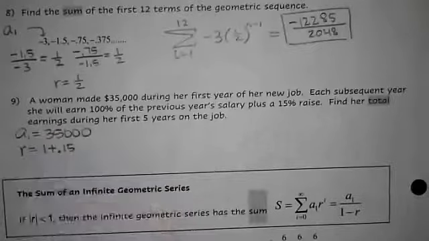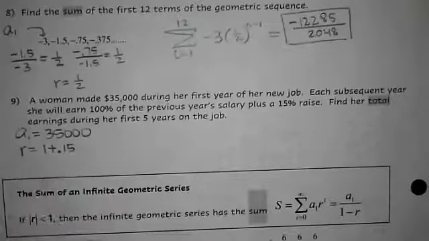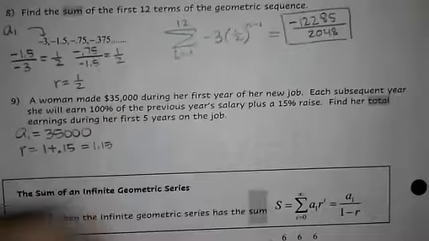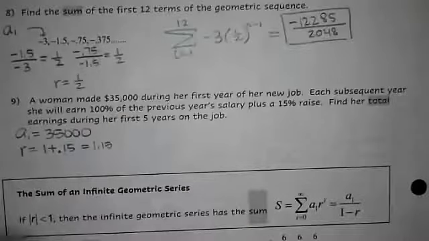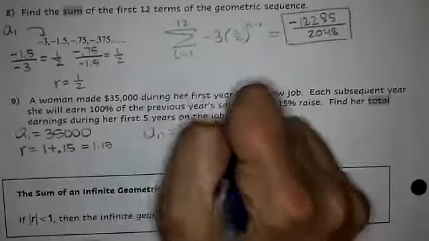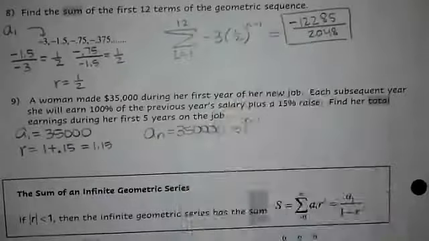That should look familiar. That's exactly what we did with exponential growth, the 100% plus the 15% raise, which is equal to 1.15. And so our equation is 35,000 times 1.15 raised to the n minus 1.